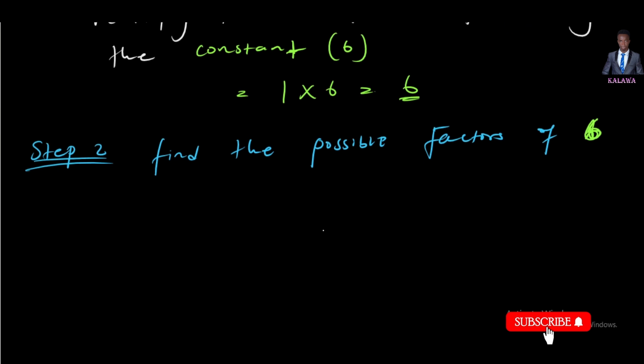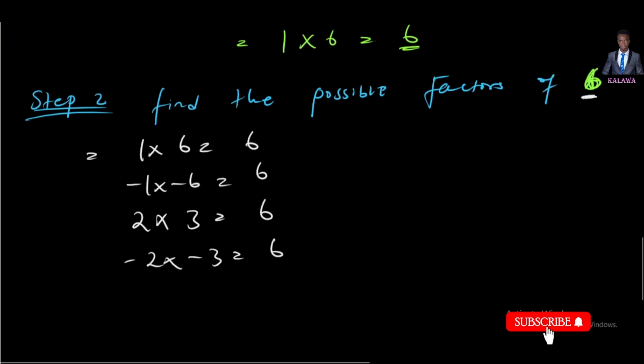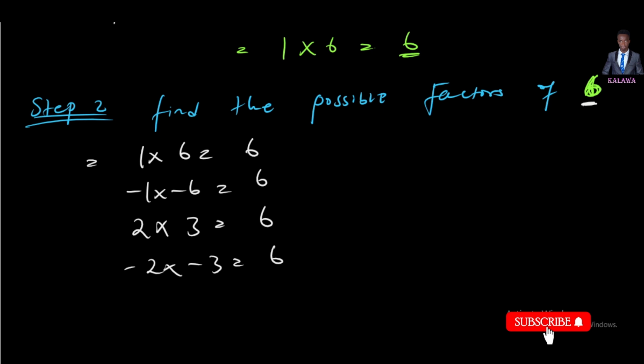The possible factors of 6 could be 1 times 6, which gives us positive 6. Remember, we are dealing with a positive sign. Then minus 1 times minus 6 again gives us 6. And 2 times 3 is also going to give us 6. And minus 2 times minus 3 is also going to give us 6. So these are the possible factors of 6.